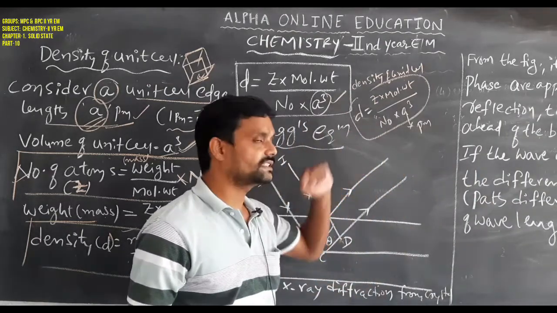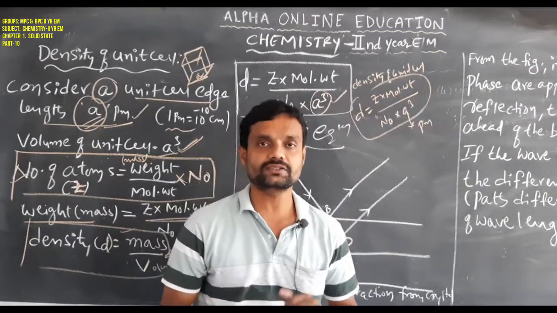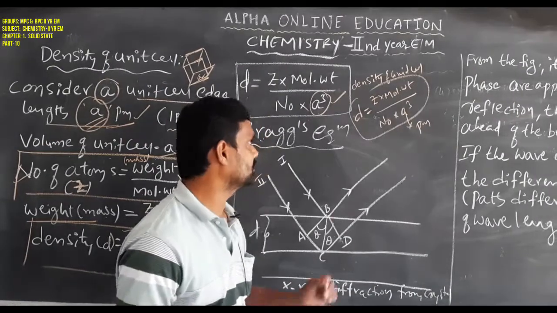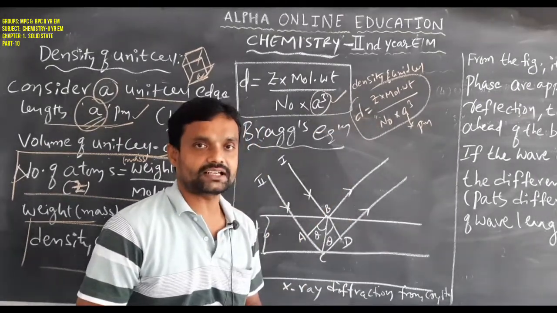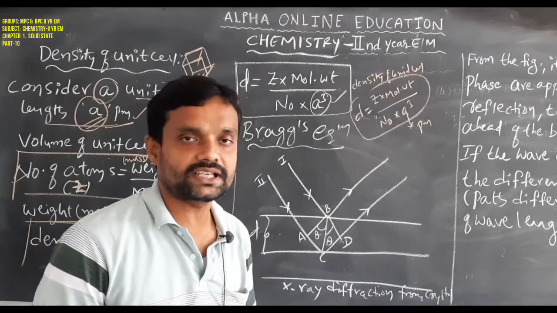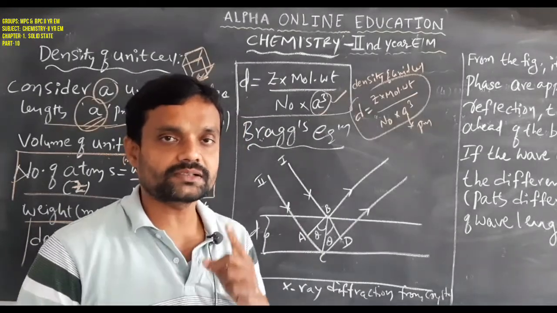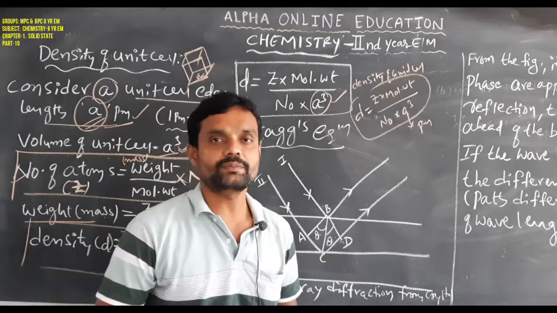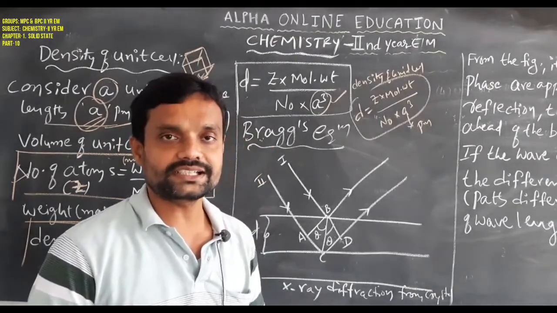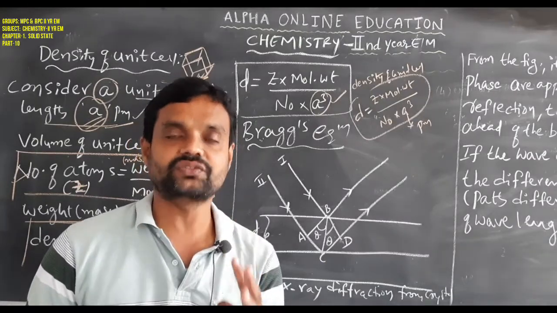N naught is the Avogadro number, 6.023 into 10 power 23. Z is the number of atoms. Previously we found the contribution of atoms for a simple or primitive unit cell is 1, for a body centered cubic unit cell it is 2, and for a face centered cubic unit cell it is 4.